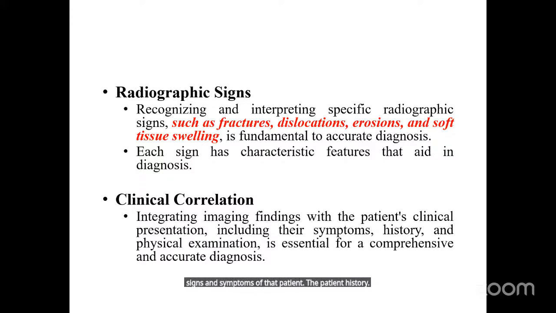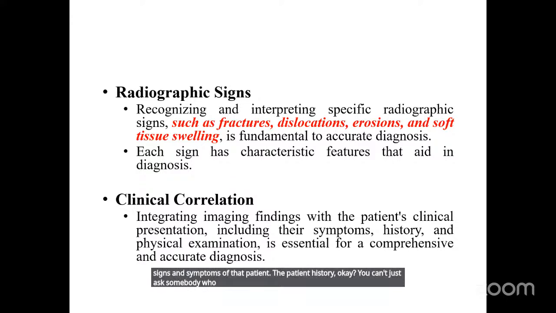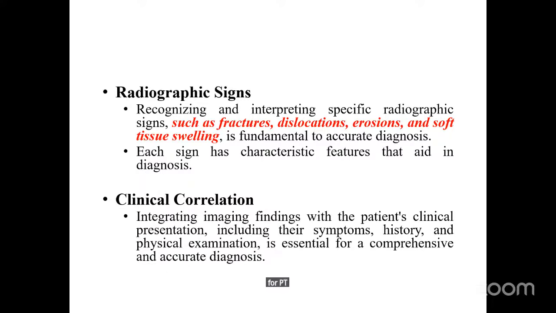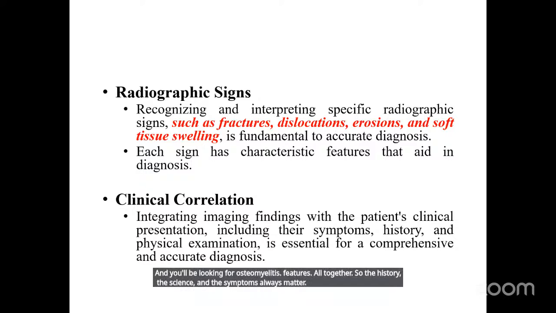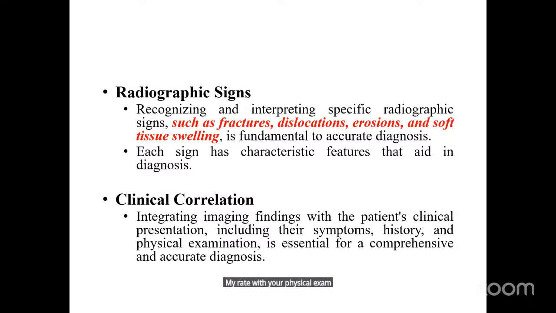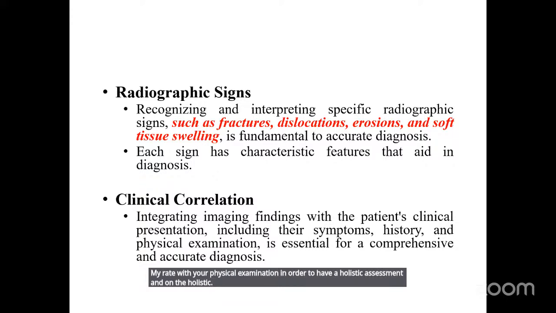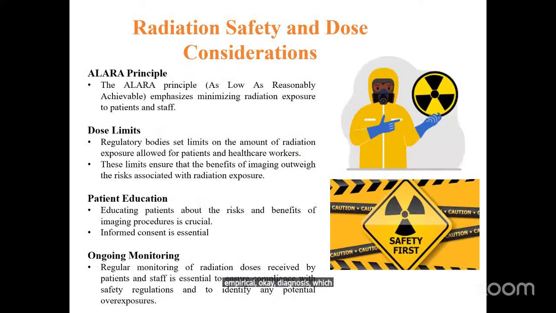You can't just ask somebody who had a road traffic accident to be looking for PTB in his radiograph, or be looking for osteomyelitis features. Are we together? So the history, the signs, and the symptoms always matter. Marry it with a physical examination in order to have a holistic empirical diagnosis, which will guide you in what is the best treatment outcome for the patient.